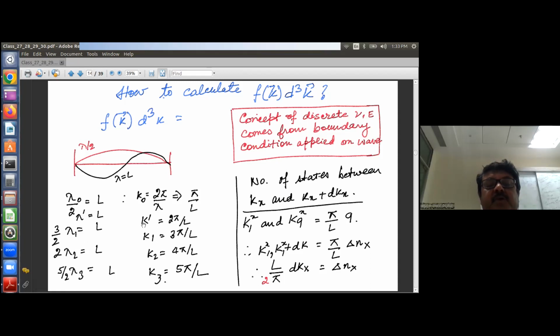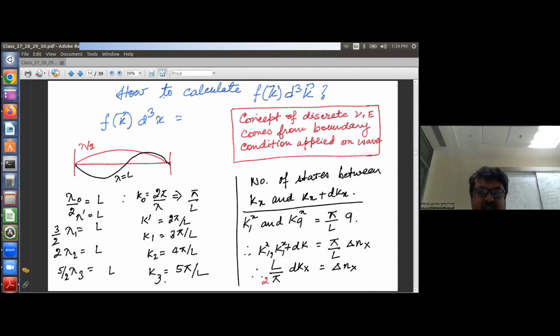So you get a series of wavelengths which are allowed, and intermediate wavelengths are not allowed. Correspondingly, you get k1, k2, k3, and this is in 1D, but now you can also generalize it to 3D. In general, the number of states between k and k plus dkx: the number of waves or states which can be there between k1x and k9x is basically pi by L into 9 terms.